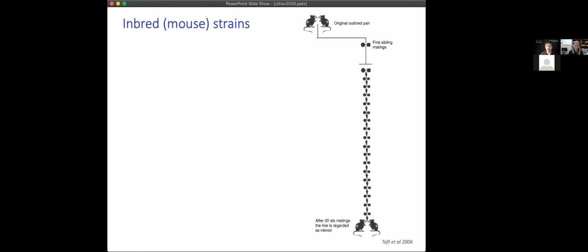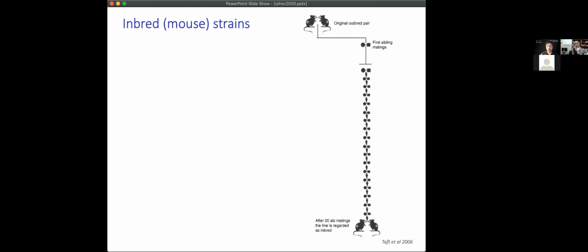They would be outbred, and if you were to mate them with each other, their offspring would be more similar to each other than the parents were to each other. So you're more similar to your siblings than your parents are to each other, hopefully.